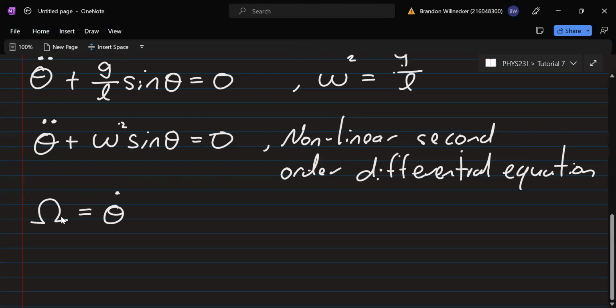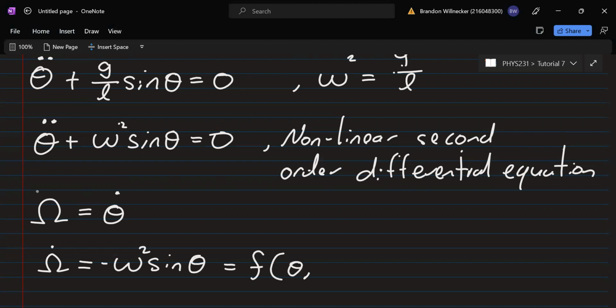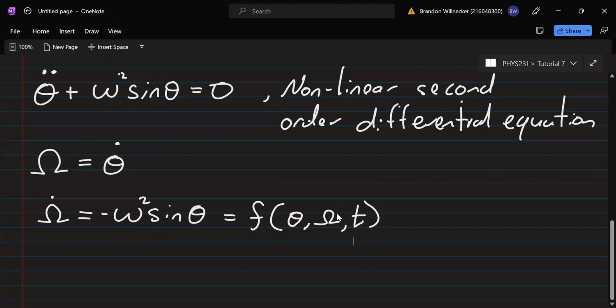So if we include this here, we end up with capital omega dot is going to be minus omega squared sine theta, or we can imagine this as some function f of theta, omega, and t. Now, this capital omega doesn't appear on the right-hand side, but we can still imagine that as a function like we described with f there.